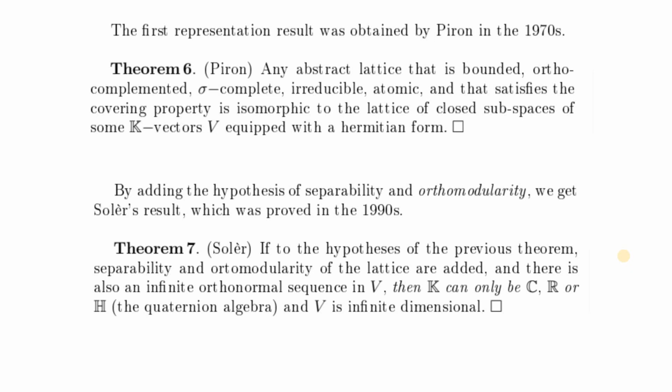For example, you know from standard quantum mechanics that if you have a one-parameter group of unitary operators, then you can define a corresponding self-adjoint generator, and that's called Stone's theorem.